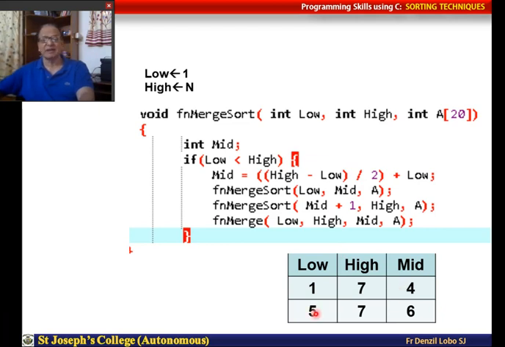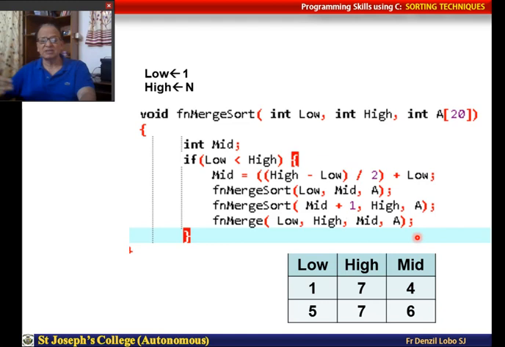For the second half, low is 5 because mid plus 1 is 5, high is 7, 7 minus 5 is 2, 2 divided by 2 is 1, 1 plus 5 is equal to 6. So the midpoint is going to be 6.